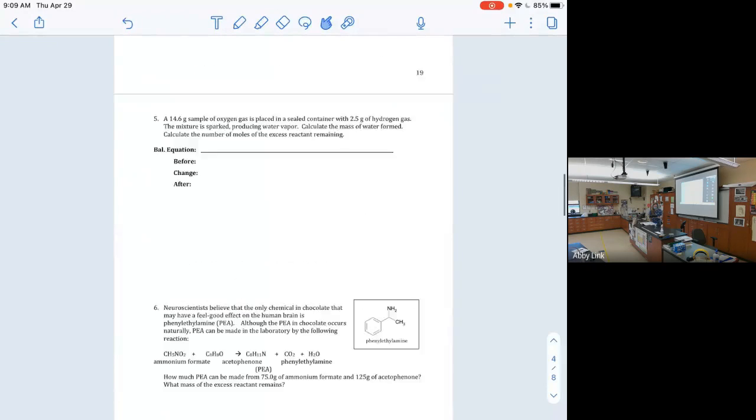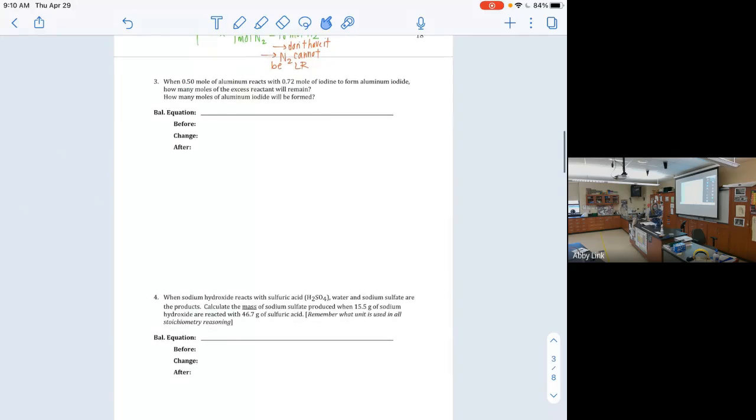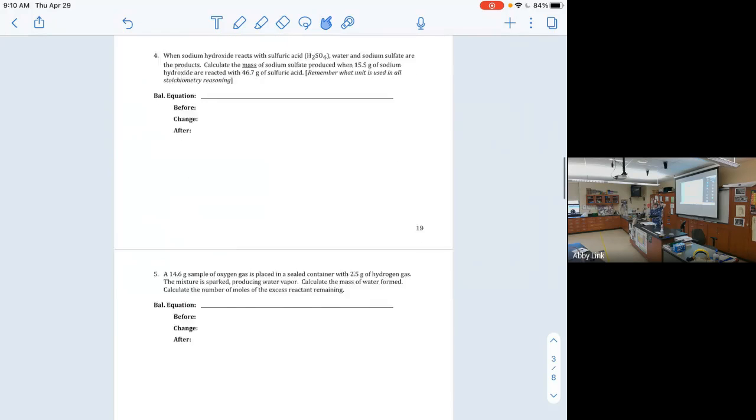Let me think what I want to do here, friends. Here's what I want to do. I want to go through problem 3 so we can see a BCA table in action. Actually, I lied. Maybe not number 3. Let's do number 4 together.